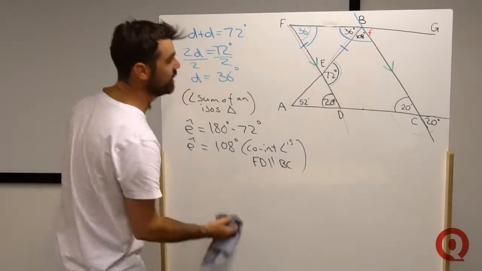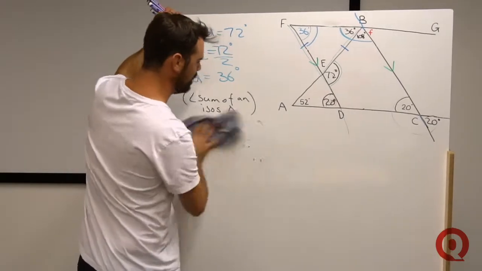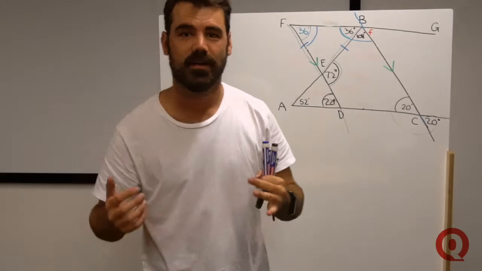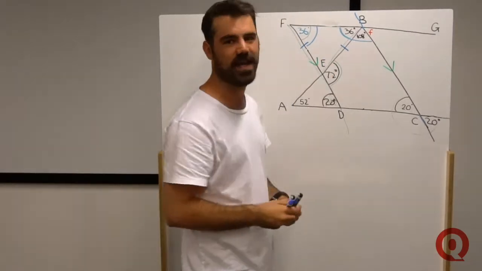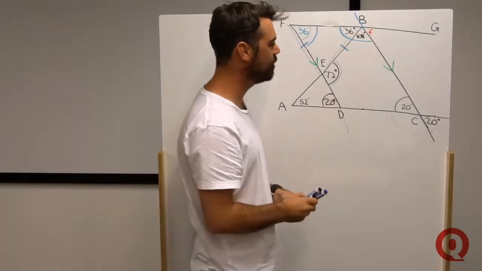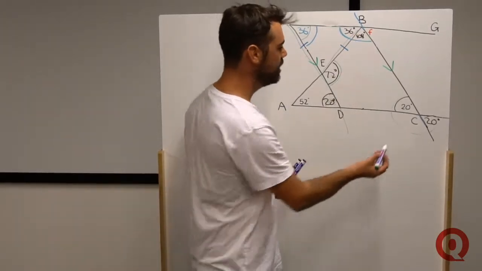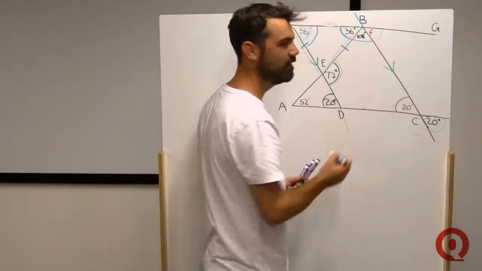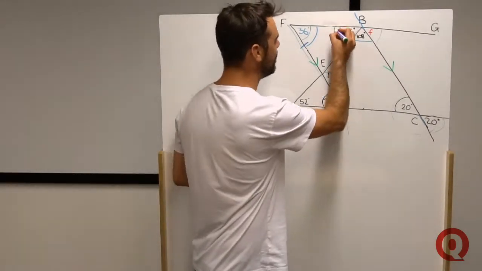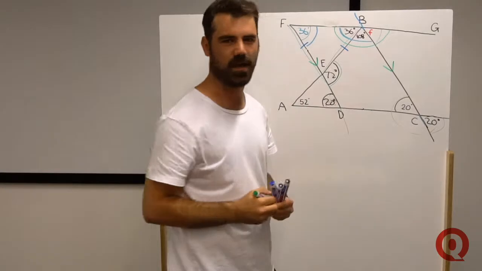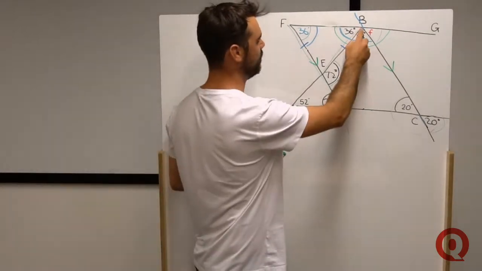Let me erase E so we can get down to our last letter, which is F. And then we're done. So heading on to F. It's our last one. And you know what? They've saved the easiest for the end. Because how am I going to find F? Well, we could say that it's corresponding. But let's use one we haven't used yet. Because angle F happens to fall on a straight line, and they're all around the same vertex.